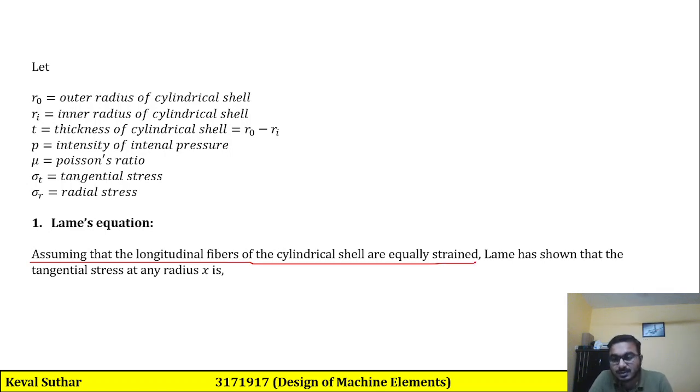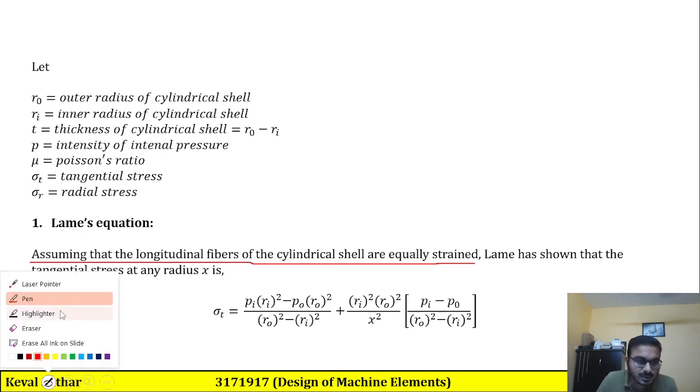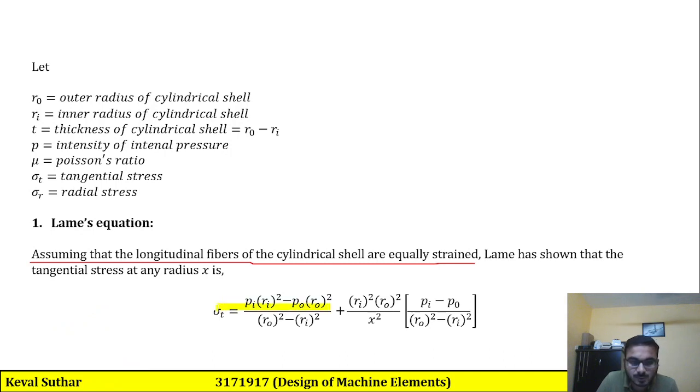Lamb has shown that the tangential stress at any radius x is given by this formula. We will not go through the derivation of this formula because in the reference book it is given directly. We will simply accept this formula and continue our further derivation.